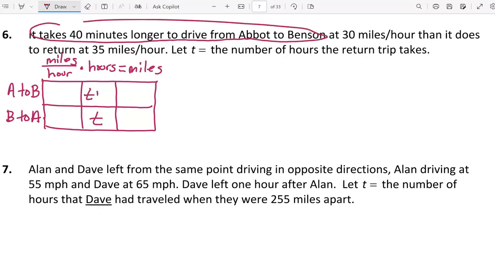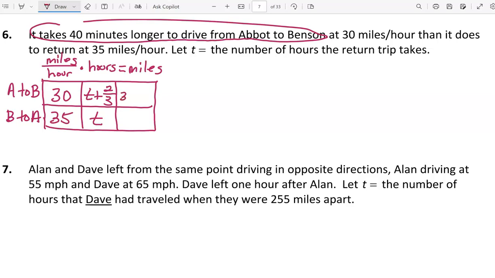So there are more hours in the going trip. However, 40 minutes needs to be changed to a fraction, and that's 2/3 of an hour. Our rate for Abbott to Benson is 30 miles per hour, and then our rate coming back is 35 miles an hour, which is why it takes less time.